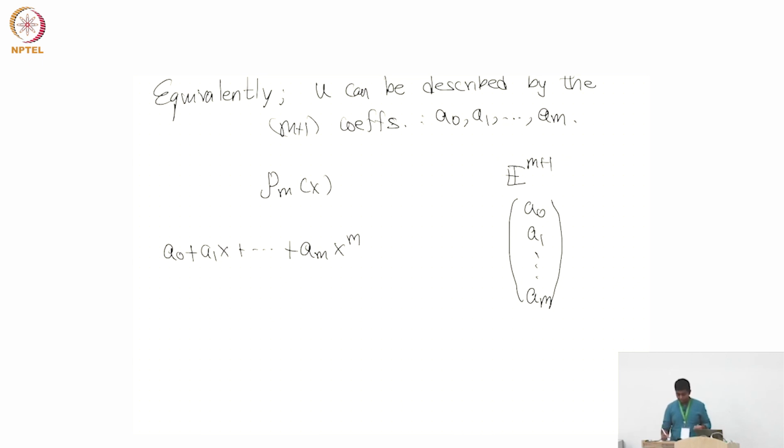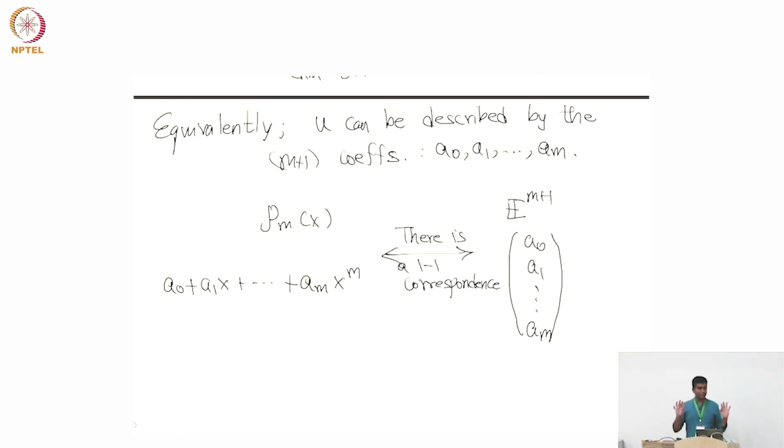In this vector space, vectors are (m+1)-tuples of this form, and we can say there is a one-to-one correspondence. Which means if I gave you a degree m polynomial, I could extract its coefficients and give you an (m+1)-tuple. Okay, does that make sense to most folks at least? Because if you are from engineering, I don't know if you necessarily see this kind of stuff in linear algebra. So is this making sense?